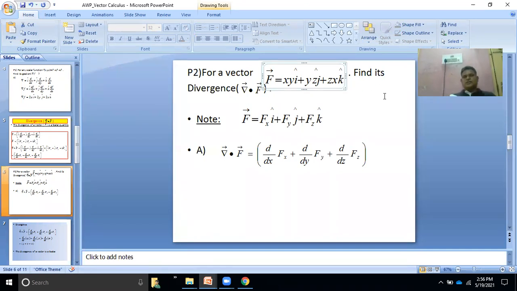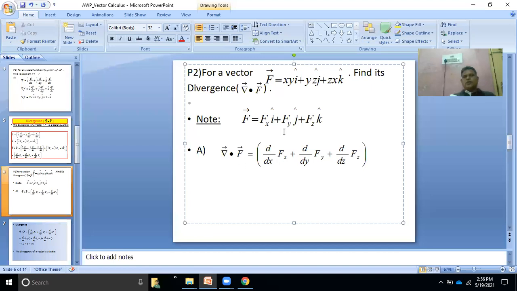Find its divergence. Can anybody tell me the divergence of this function f?